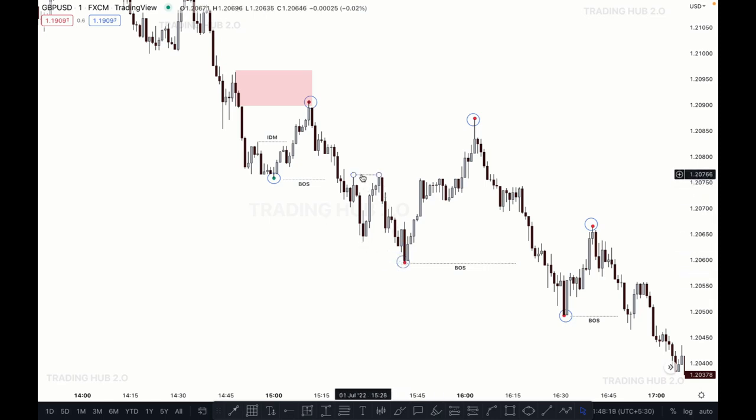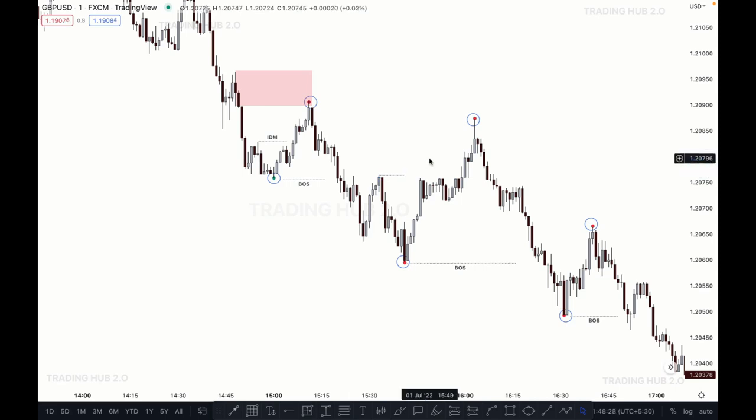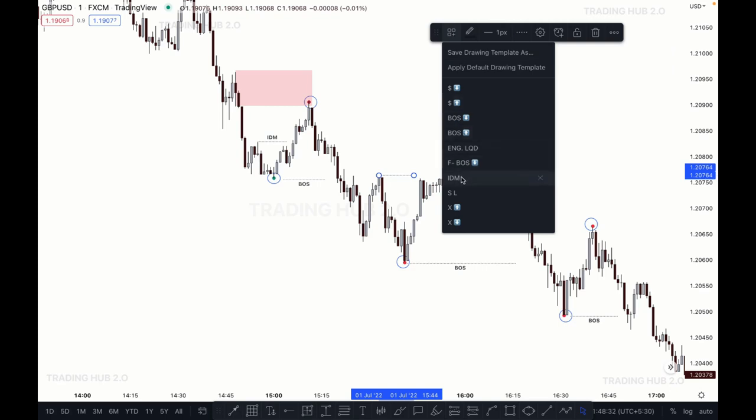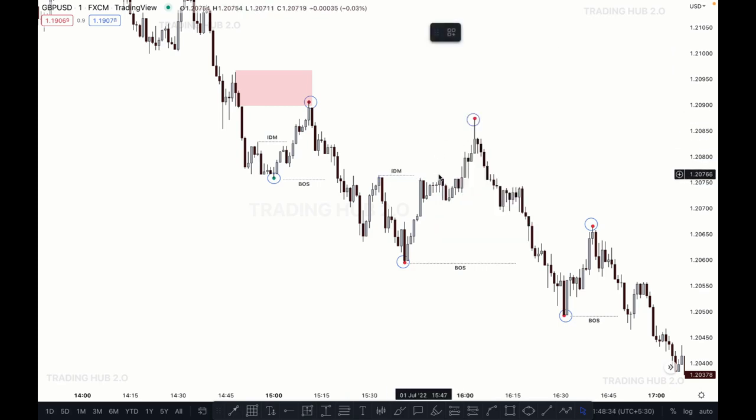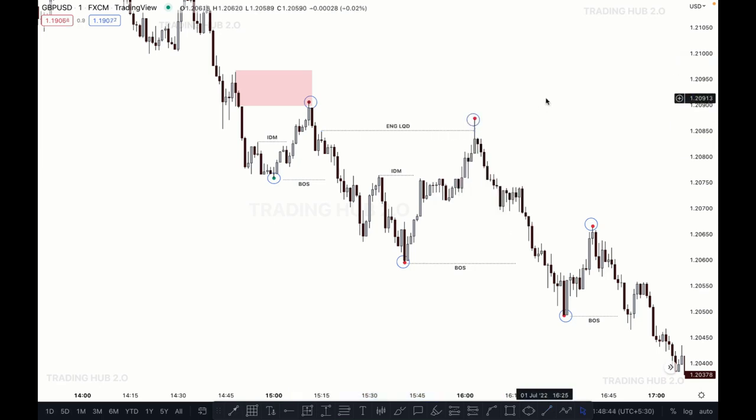So now our inducement shifts here, right? This high becomes our new inducement. The market must take out this high before going downside, and then what happened? The market takes this high, and again pushes higher to take more liquidity which is here, and this one is called engineering liquidity.